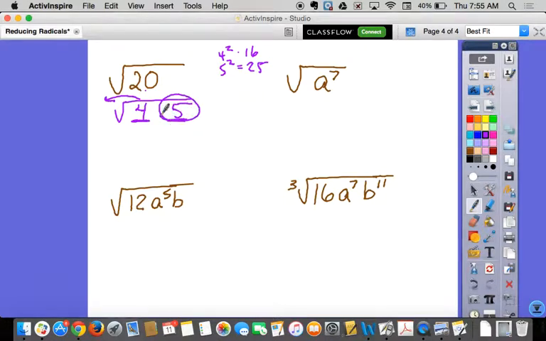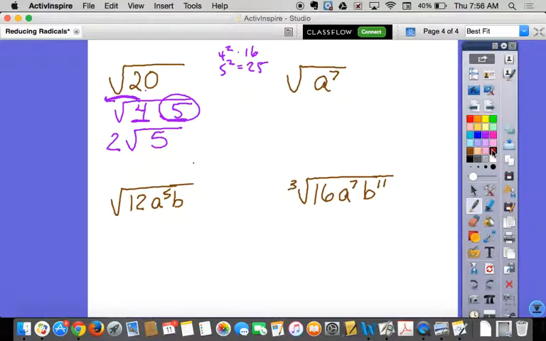This part is going to be stuck on the inside, okay? So when you do the square root of 4, he ends up being a 2. He went out. You did the square root. So he gets out of the radical, but the 5 can't go. He's stuck.